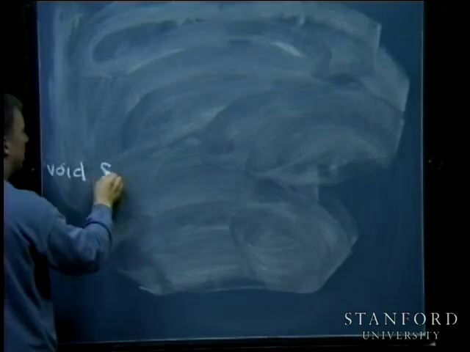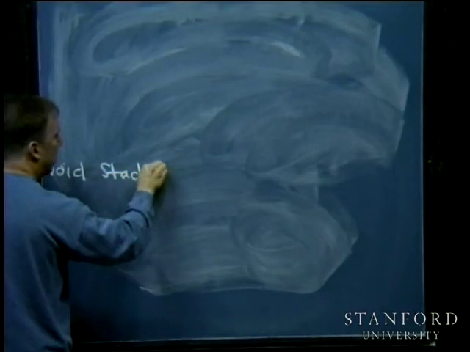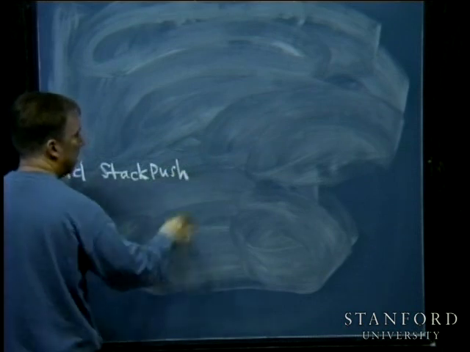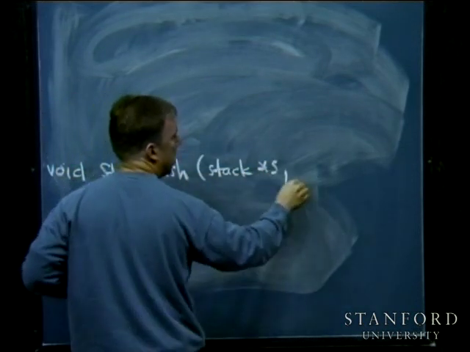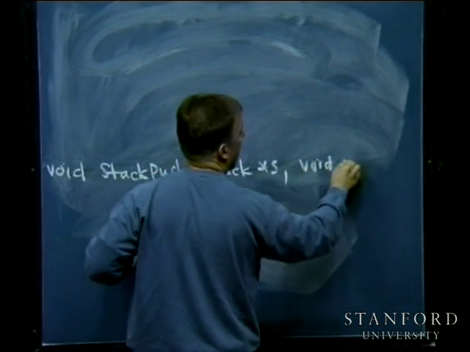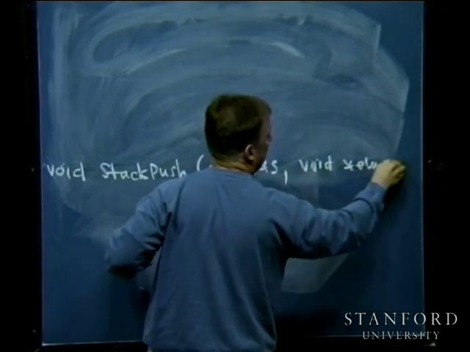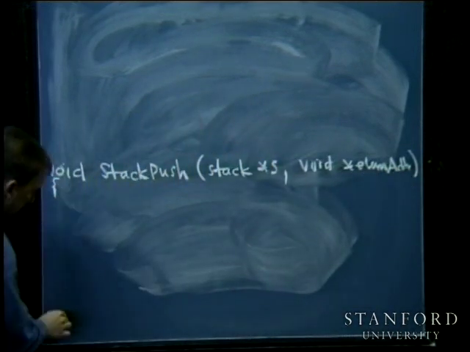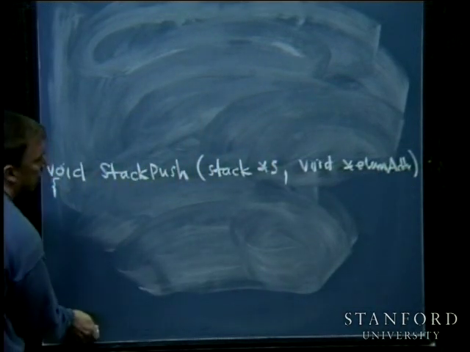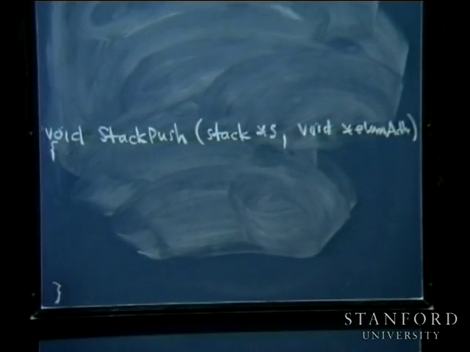Void stack push, stack star S, void star elem address. I'm going to simplify the implementation here a little bit by writing a helper function. I could have written the helper function on the int-specific version, I just didn't.